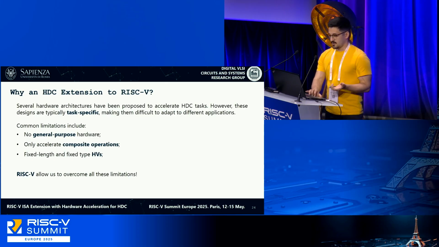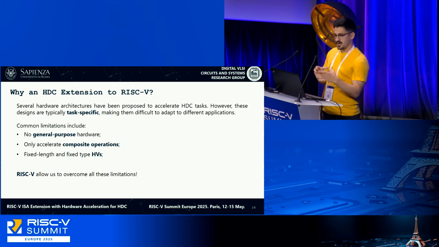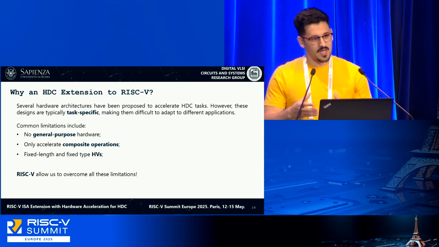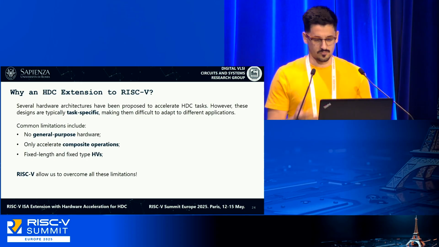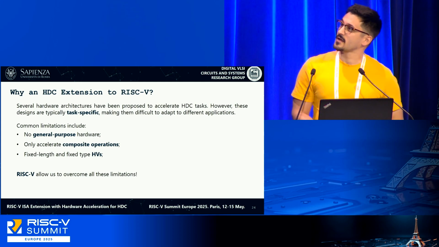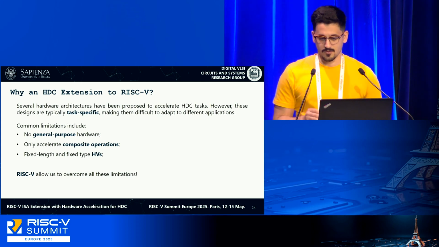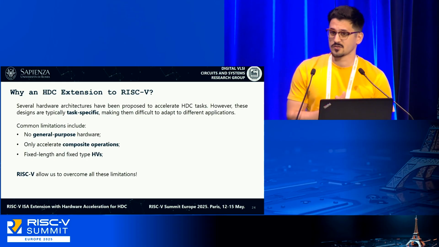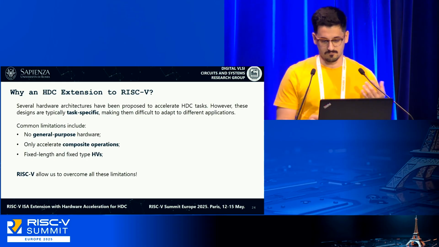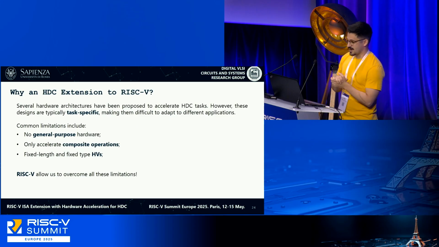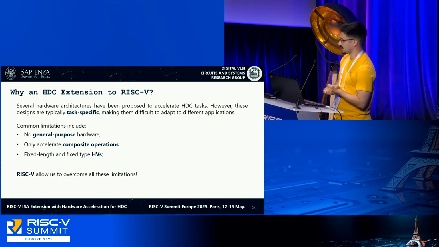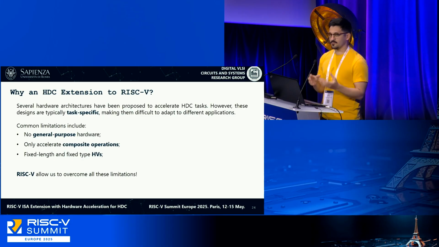So we asked ourselves, how can we bring flexibility back to algorithm developers without asking them to realize a custom design every time? And that's where RISC-V comes in, because its modular and open nature makes it the perfect foundation for a general-purpose hyperdimensional computing accelerator, one that lives inside a processor and evolves with the software.